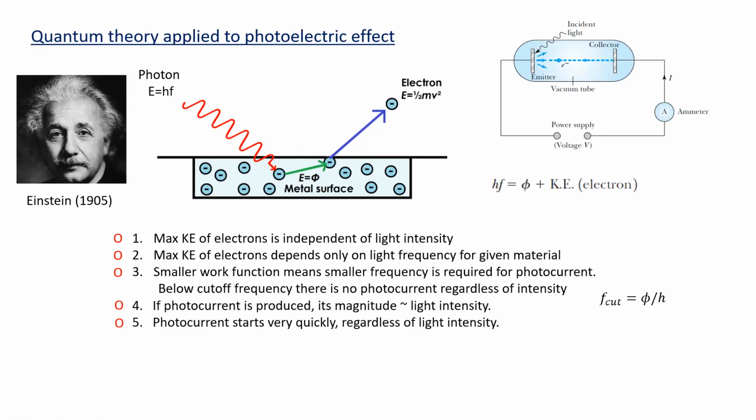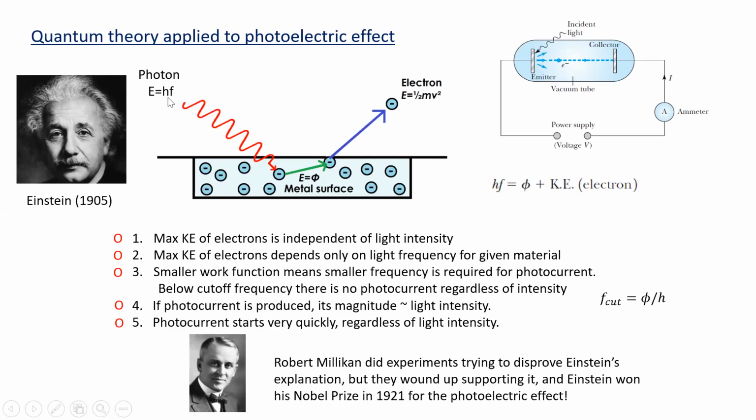So Einstein came up with a very persuasive theory to explain the photoelectric effect. As with any new theory, this had a controversial assumption, that photons carried energy in discrete packets. Robert Millikan, who you remember from the oil drop experiment, finding the charge of the electron, actually did experiments trying to disprove Einstein's explanation between 1905, I think, and 1916.